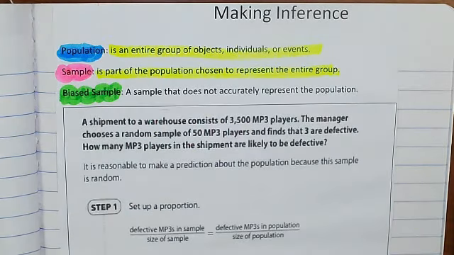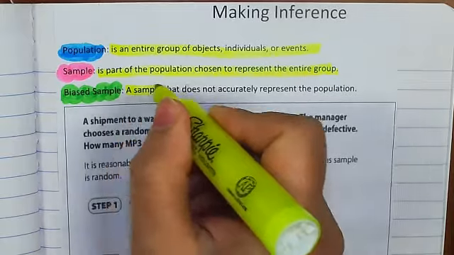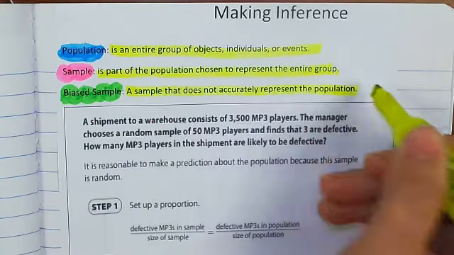The same thing if I choose the sample to be all girls, that is a biased sample because I have boys and girls in the school. So I have to have what we call a random sample. Just pick any random students and that will be a good representation for our school. So a biased sample is a sample that does not accurately represent the population.